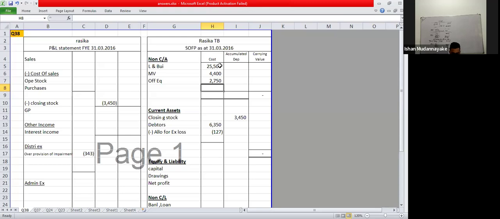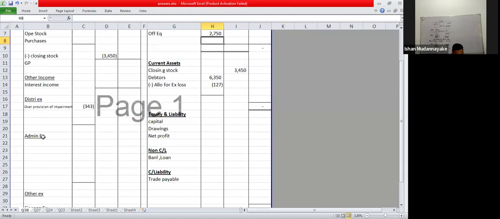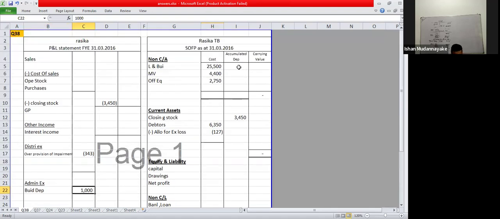Building value is 20,000. 20,000 into 5%, 1,000 is the building depreciation. Then 1,000 plus opening accumulated depreciation 5,000, total amount 6,000.